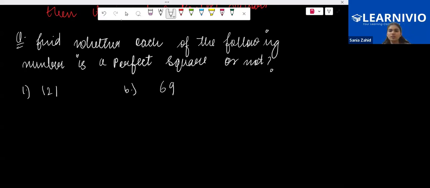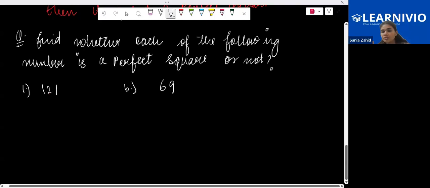So what method will you use? You will use the method of repeated subtraction.